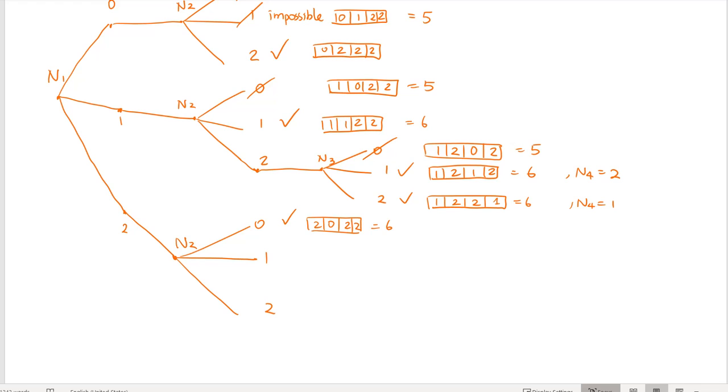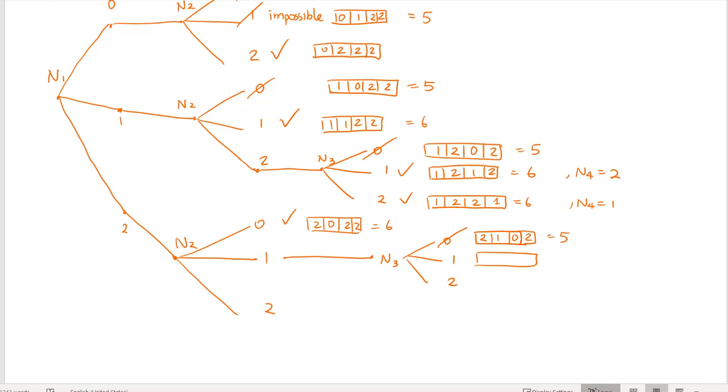2, 1. Okay, for 2, 1 we can separate into cases. So let's say N3. N3 we can have 0, 1, 2. For 2, 1, 0, even though we get 2, the total is still 5. So it's still not enough. So we can rule out this case.